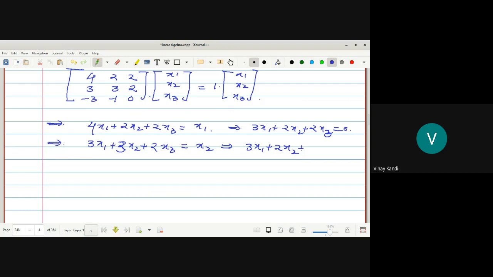Those are the equations. And the third one: minus 3x1 minus x2 is equal to x3, so this implies 3x1 plus x2 plus x3 is equal to 0. Is it correct?